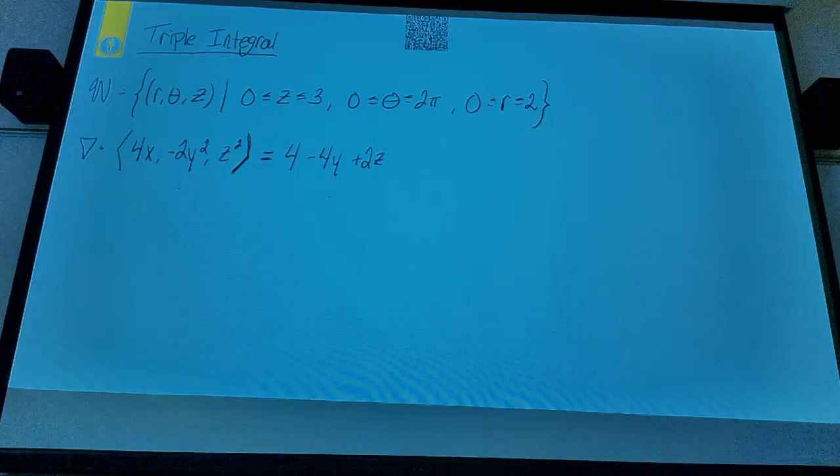Partial with respect to x of the first term, plus partial with respect to y of the second, plus partial with respect to z of the third. That's divergence. That was a couple weeks ago. I think it's when we did vector fields when we started this topic.